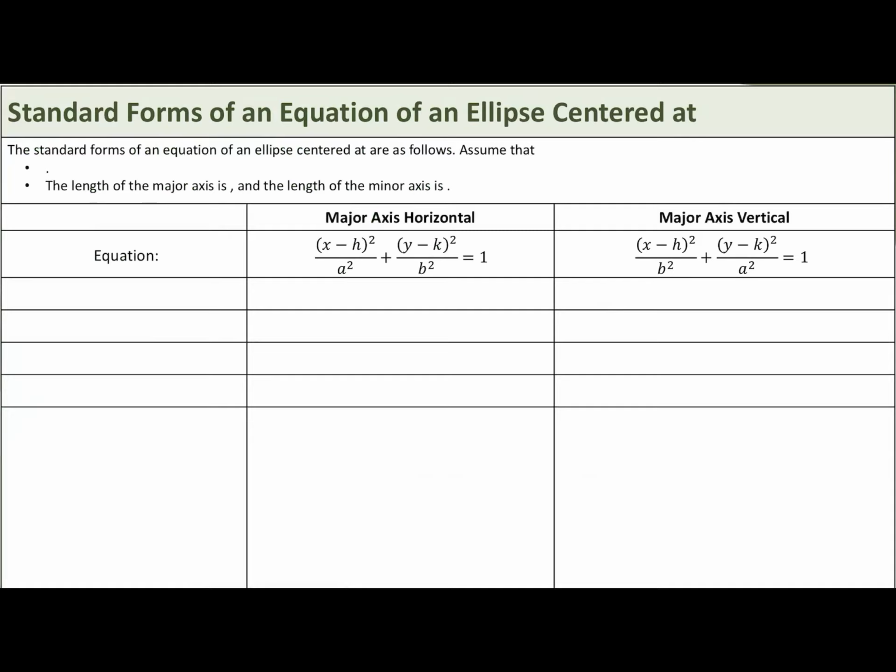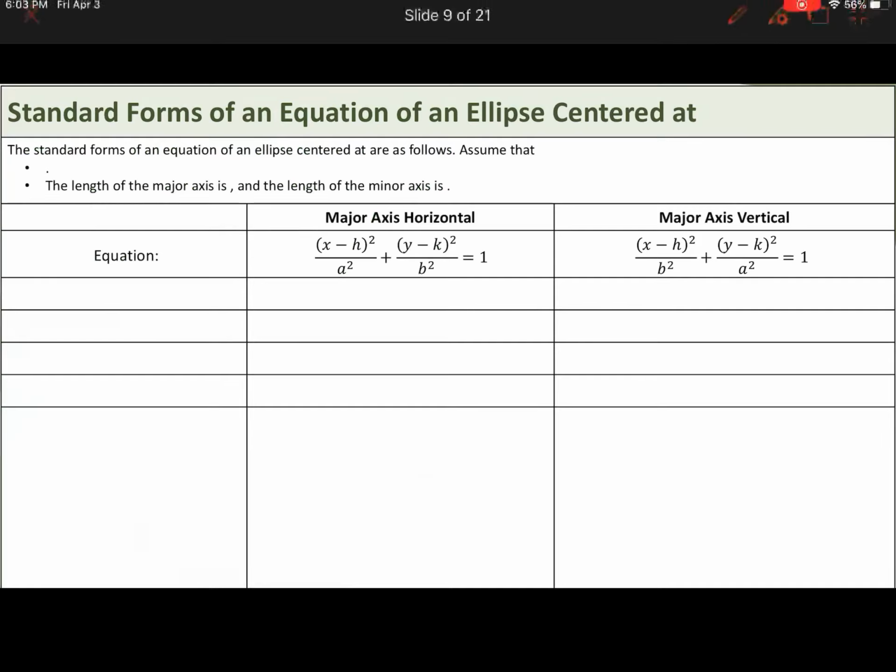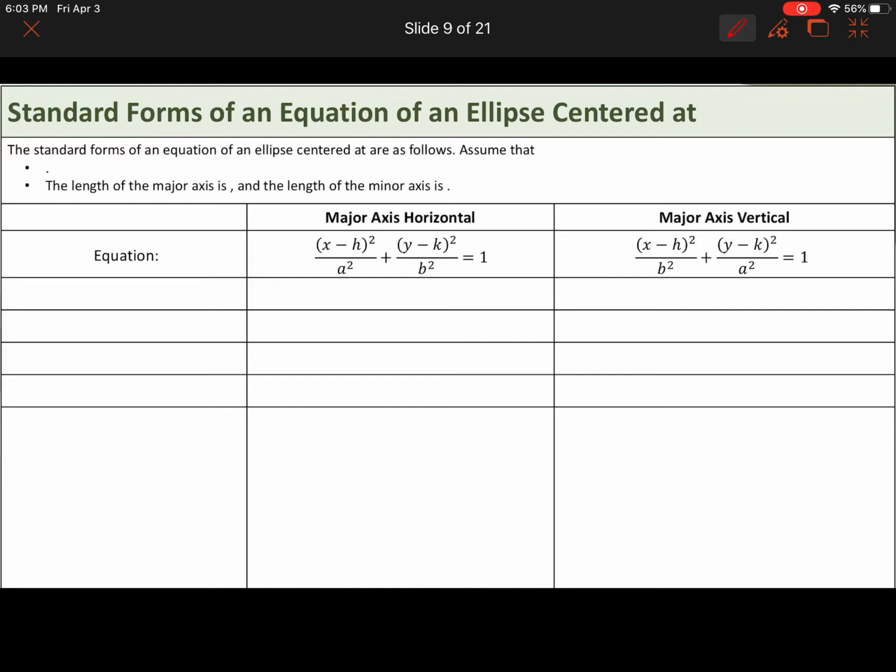So this is the equation, and there's one little difference between the horizontal one, the one that would be going back and forth, and the vertical one. The horizontal one is going to be in this direction and the vertical one is going to be in this direction, right? So there's one difference between these two equations. See if you can see what it is.